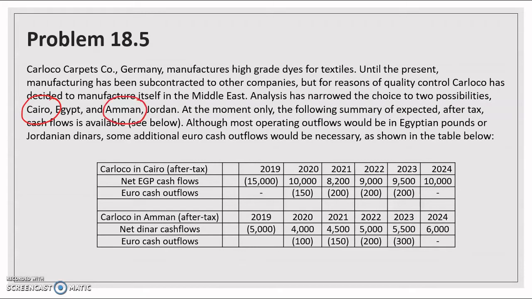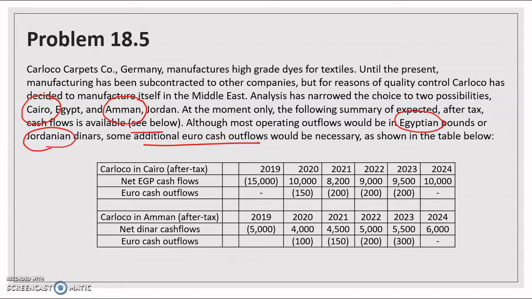So at the moment, the following expected after tax cash flows have been provided as indicated below. Although mostly the operating outflows would be in Egyptian pounds or Jordanian dinars, because these are the two markets they're looking at for subcontracting. Some additional euro cash outflows would be necessary as mentioned.